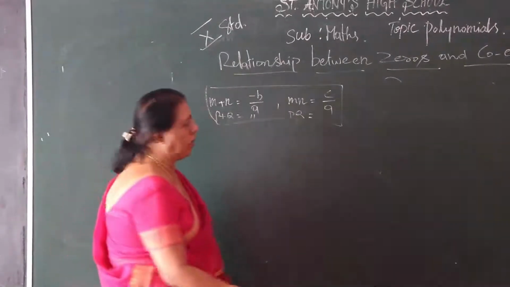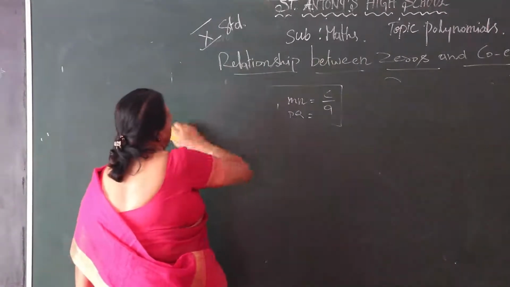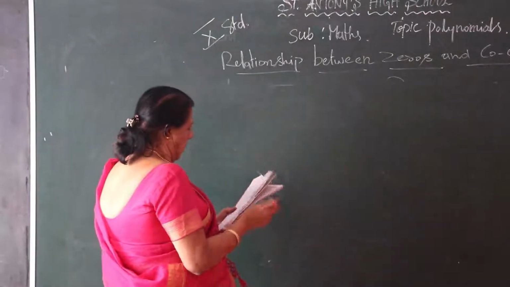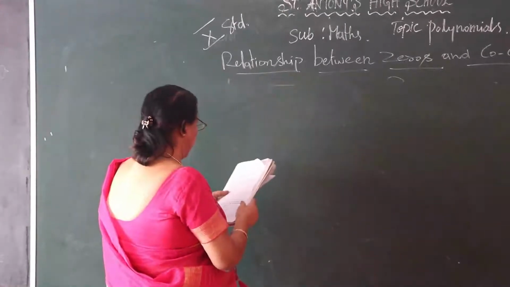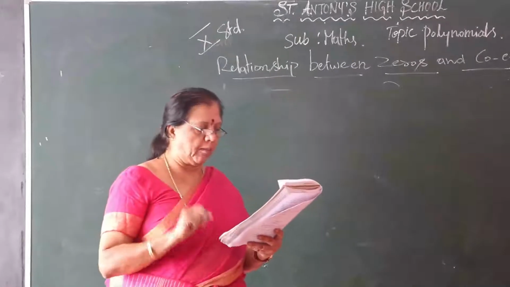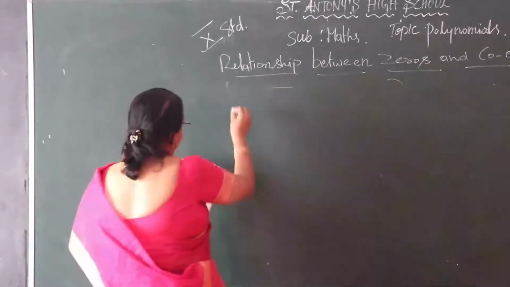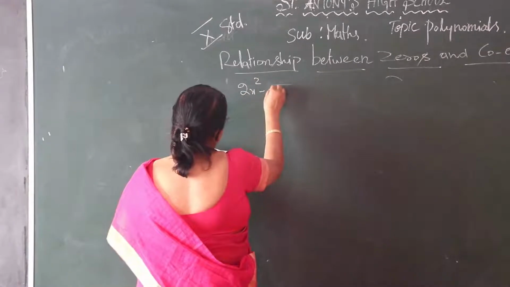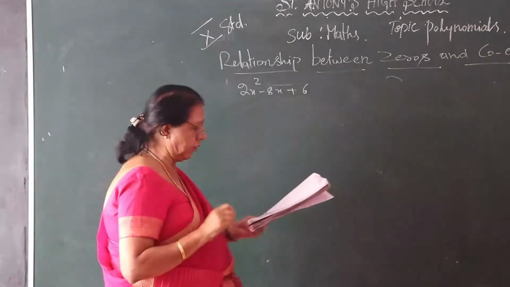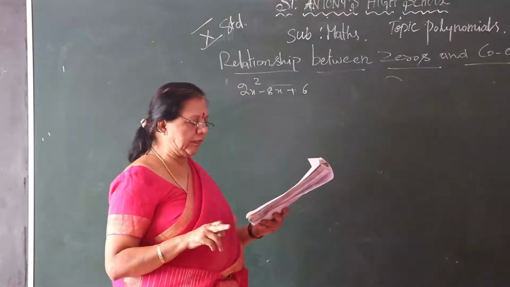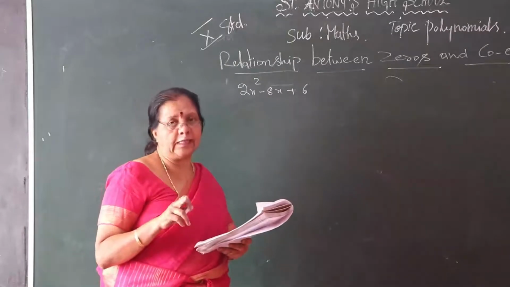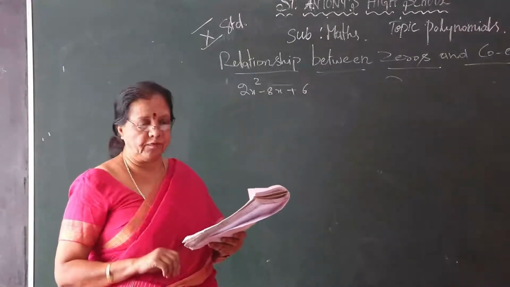Okay children, now let us pass on to another 2-3 sums. I will teach you. The example sum they have given, I will read out: find the zeros of the quadratic polynomial 2x square minus 8x plus 6, and verify the relationship between the zeros and coefficients.